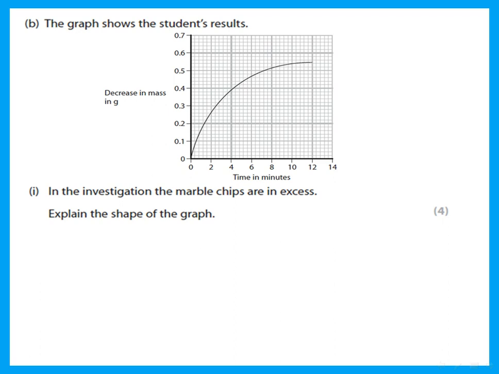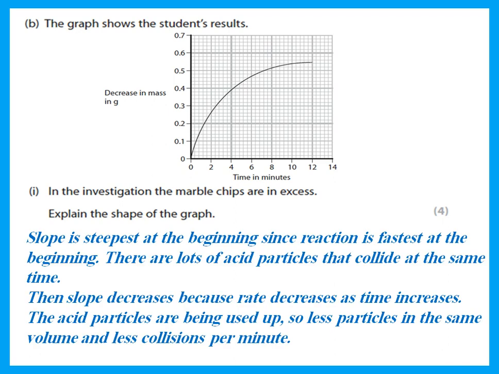In the investigation, the marble chips are in excess. Explain the shape of the graph. Now, obviously, the graph shows that at the beginning, the reaction is fast, and then the rate decreases. So you should realize that the slope is steepest at the beginning. This is because the reaction is fastest.